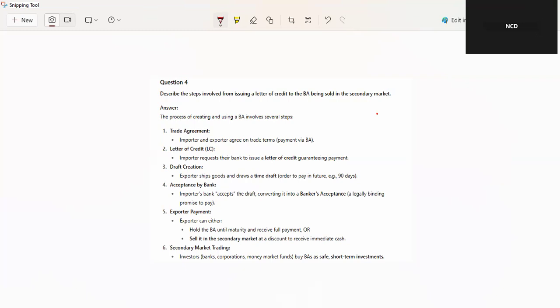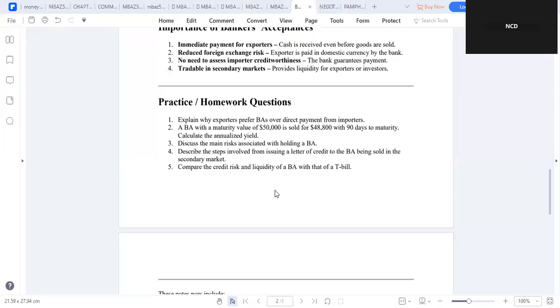So lastly, but not the least, compare the credit risk and liquidity of a BA with that of a TB. We can compare them in many aspects: credit risk, liquidity, yield, as well as market preference.